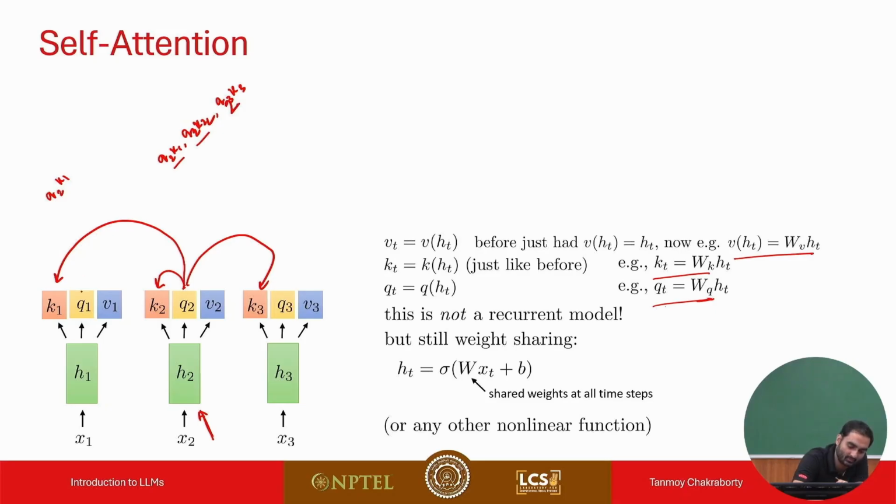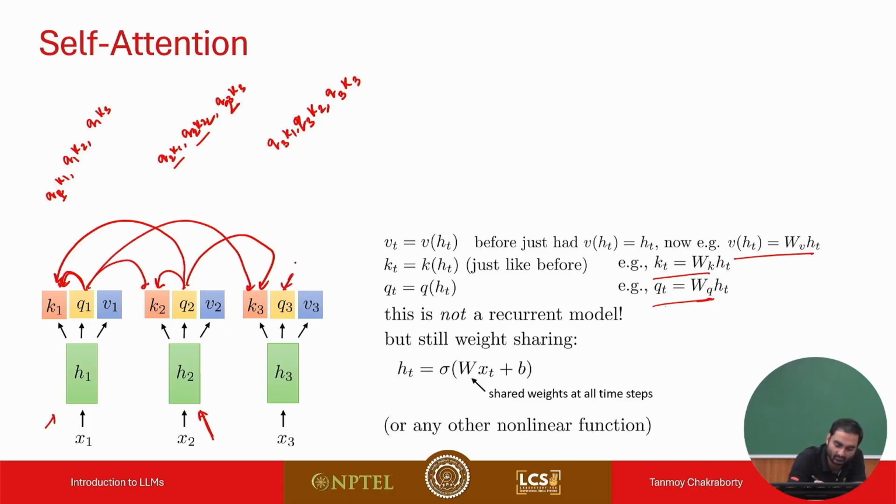At this position you have Q1, K1, Q1, K2, Q1, K3, and at this position you have Q3, K1, Q3, K2, and Q3, K3. Okay, now these are attention scores.